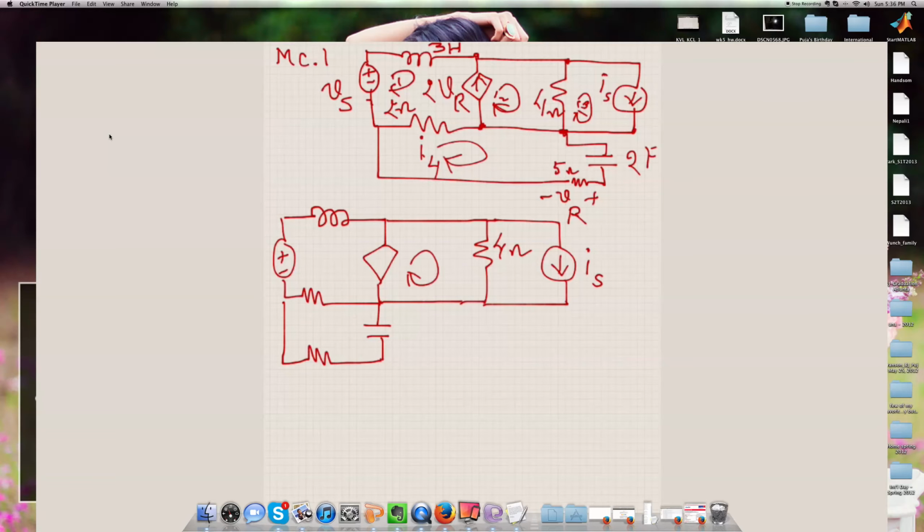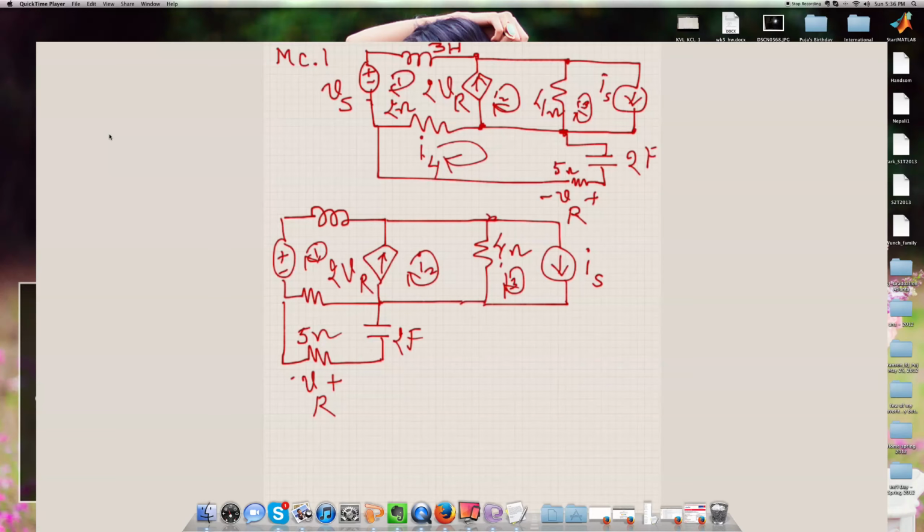Now let's remember these are the mesh currents, and we have the dependent source having the output 2 times VR, where VR is the voltage across this resistor, which is 5 ohm. 2 farad is here, I sub 2 is here, I sub 1 is here, I sub 3 is here.